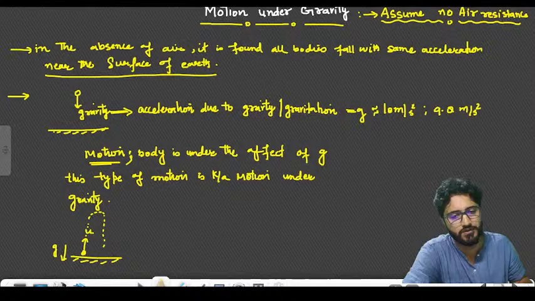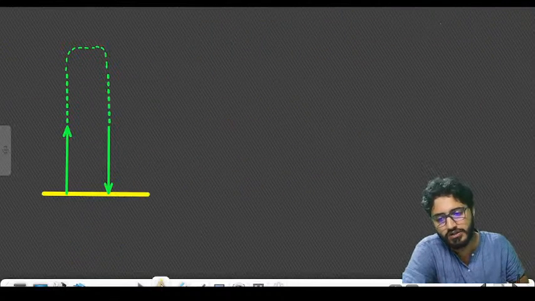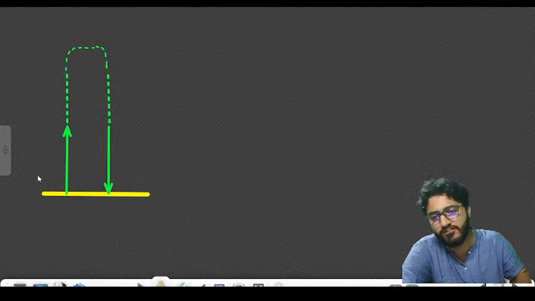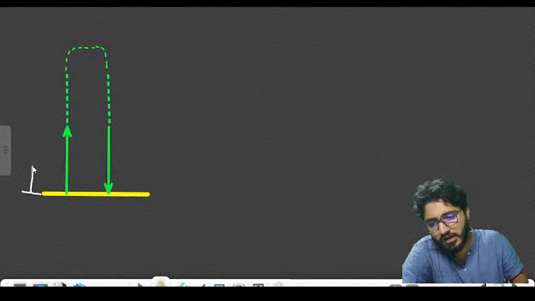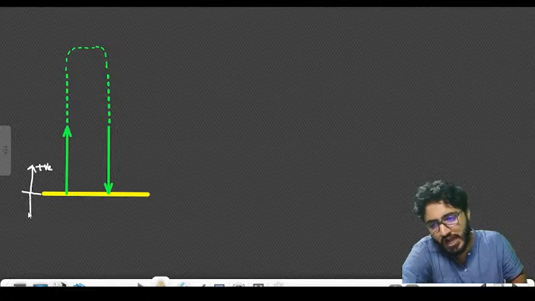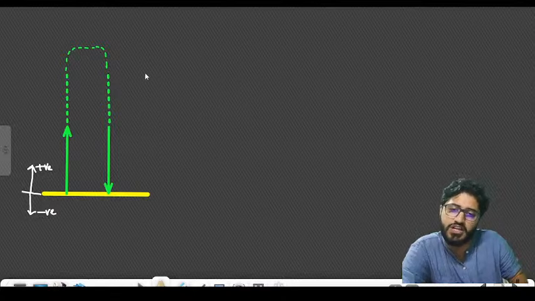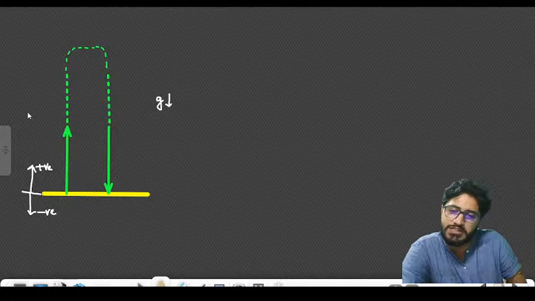Look now, an example. This particular diagram shows that if something goes upwards, there are two possible directions. I will assume the upward direction as positive and the downward direction as negative. G will always act downwards, so you need to take minus g.